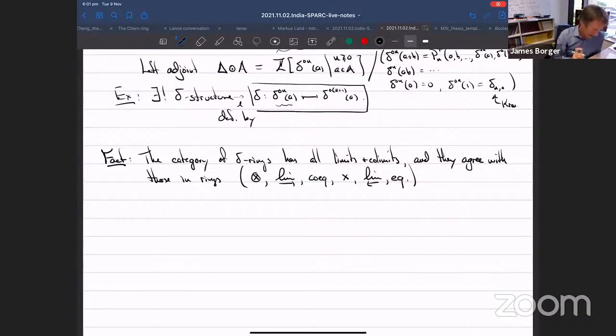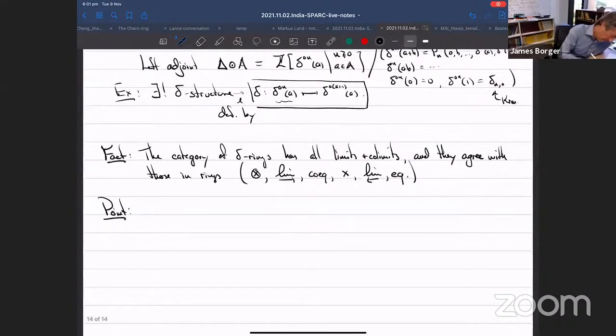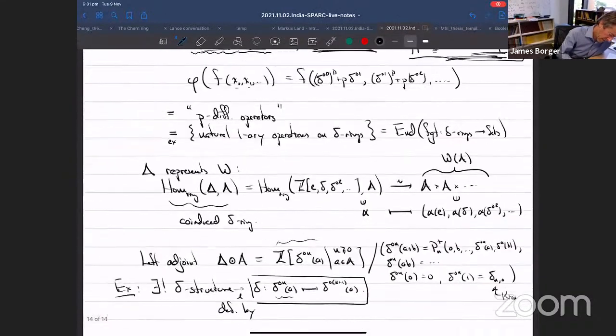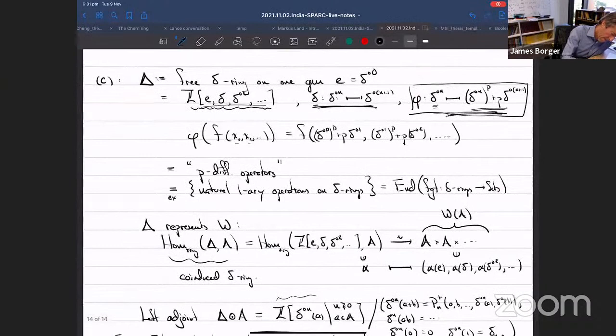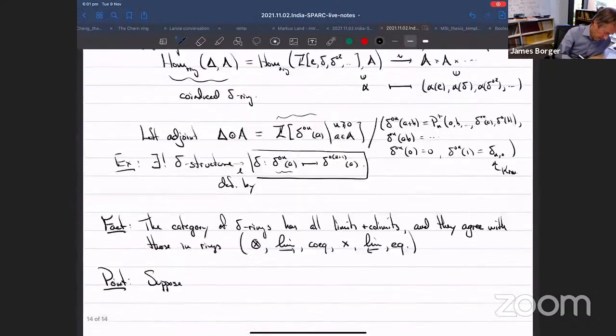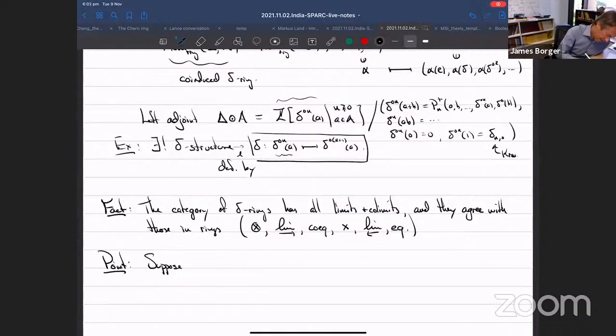Okay. So now here is the point, with the relation to the usual treatments of Witt vectors. Remember, delta is this thing. It had a free generating set given by the iterates of the operator little delta. Suppose we have a different set of generators.